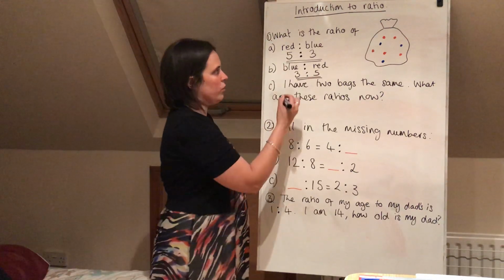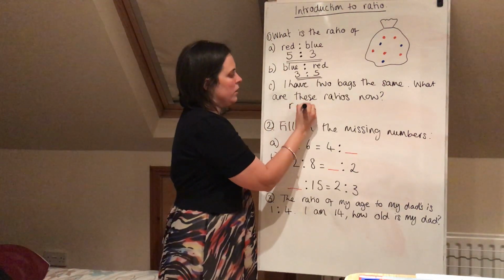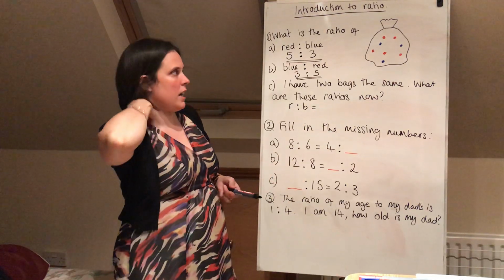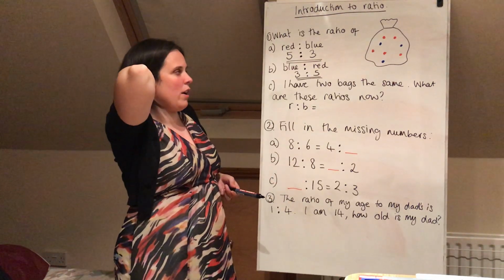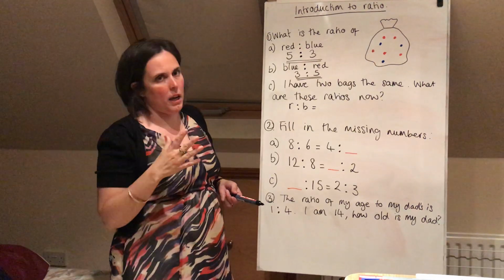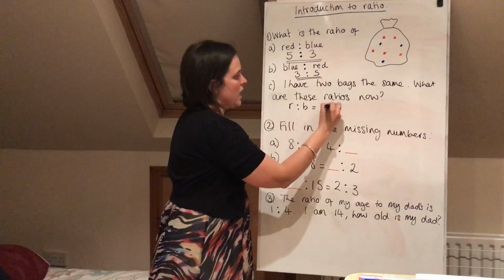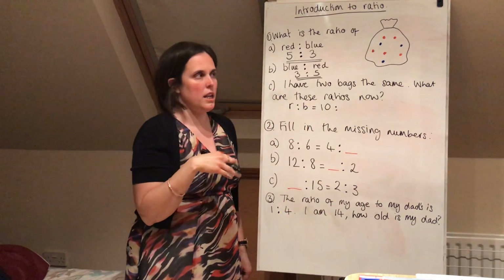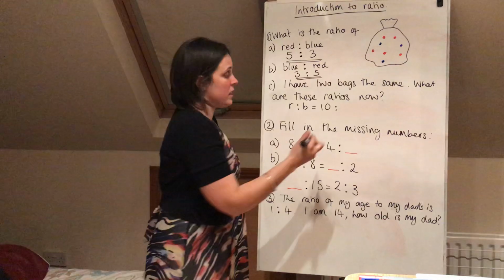Let's do the red to blue. If we've got 2 bags the same, if one bag has 5 reds in it, then 2 bags is going to have 10 reds. And for the blues, if we go from 3, then in 2 bags we're going to have 6.